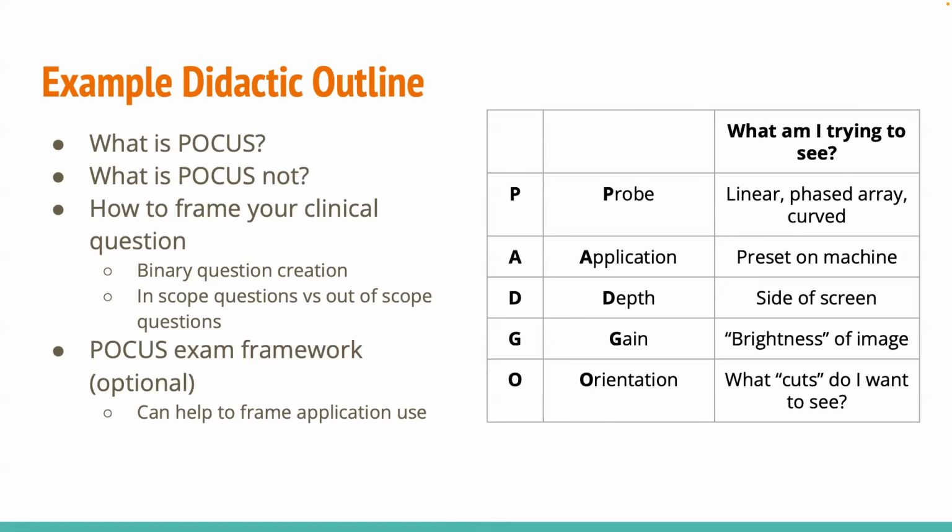For gain, you don't want to overgain. You want it a little less gained in order to see those bee lines and those ants marching on a log. And for orientation, am I in the longitudinal or the transverse? Putting it within that scaffold can be helpful as well.